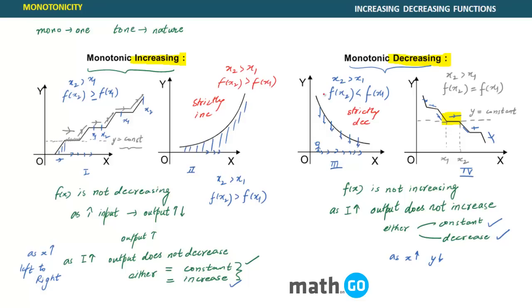Similarly, for the decreasing case, this is automatically satisfied. So under monotonic increasing and monotonic decreasing, you have the special cases strictly increasing and strictly decreasing, where the criterion is that f(x2) will always be greater than f(x1) for increasing, and f(x2) will always be less than f(x1) for decreasing.